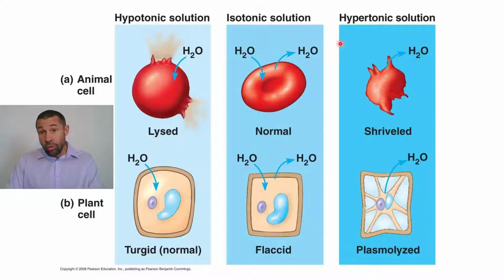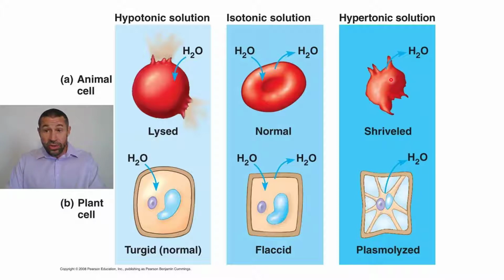Over on the far right, we have a hypertonic solution. Water's hyper, it always moves to the hypertonic space. So again, osmosis, the movement of water molecules from areas of high to low concentration across a semi-permeable membrane.